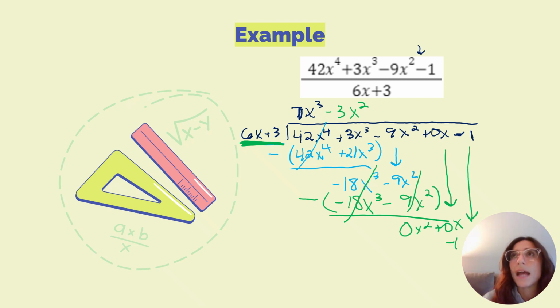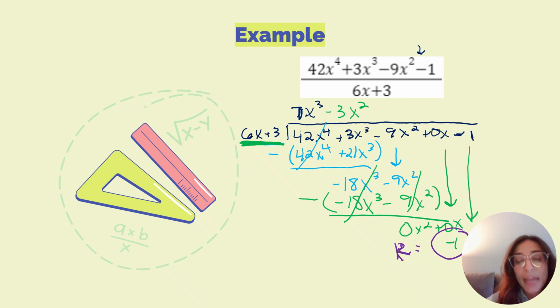Can I multiply 6x by another integer or another x or something to get negative 1? No, I cannot. So this right here is my remainder. That's what I have left over. Right?